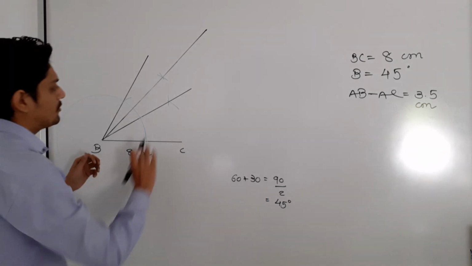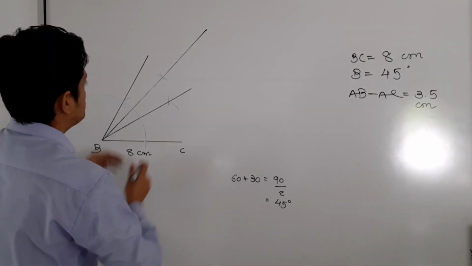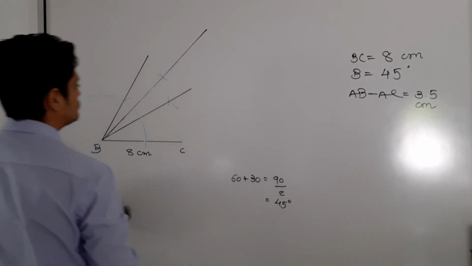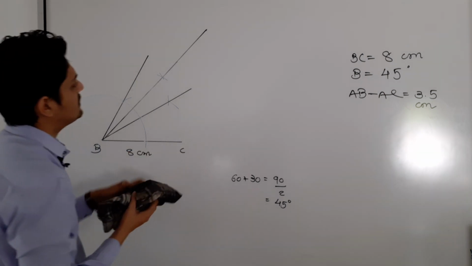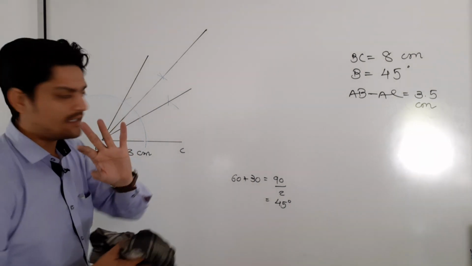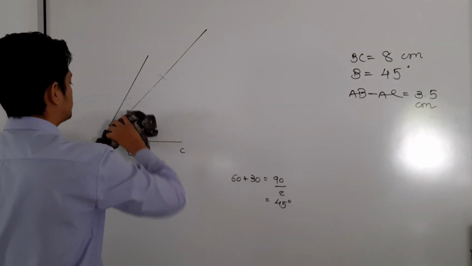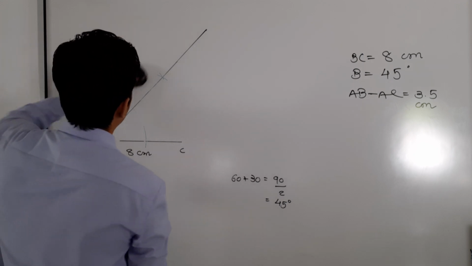Now to draw the construction I will just remove these angles. Otherwise, if you just draw arcs then also it is okay. It's not required to draw full line segments or full rays.